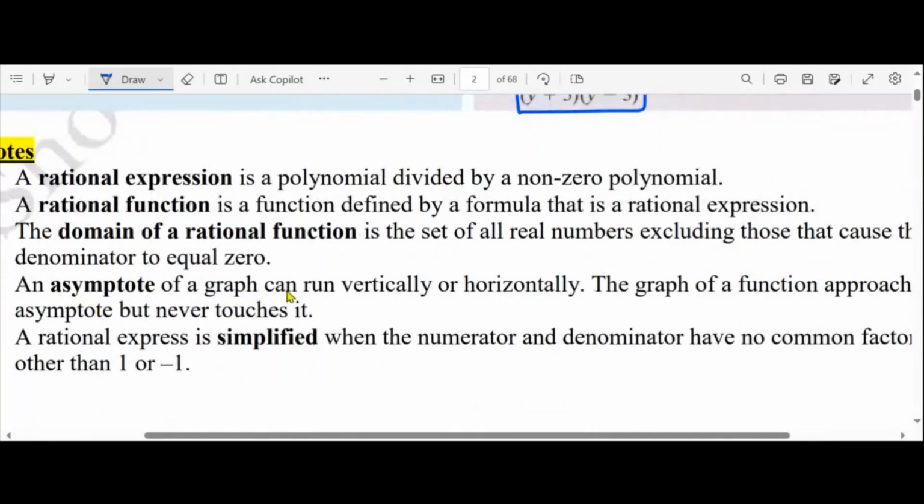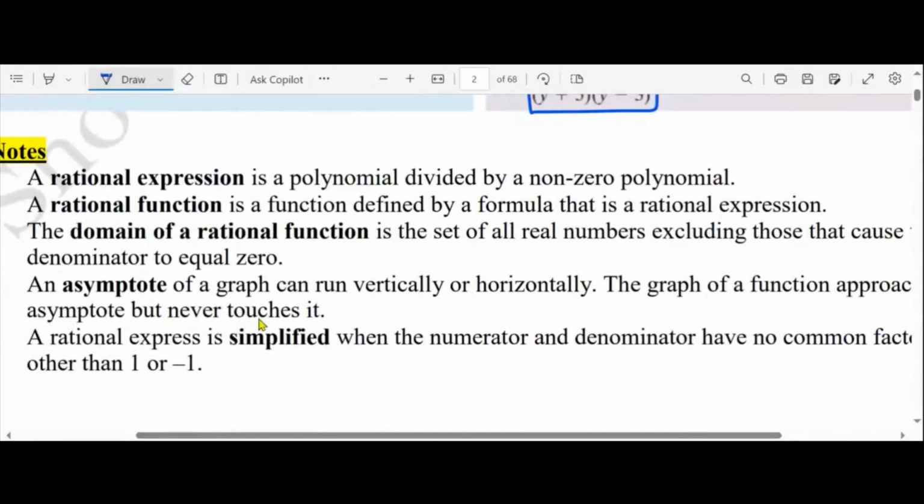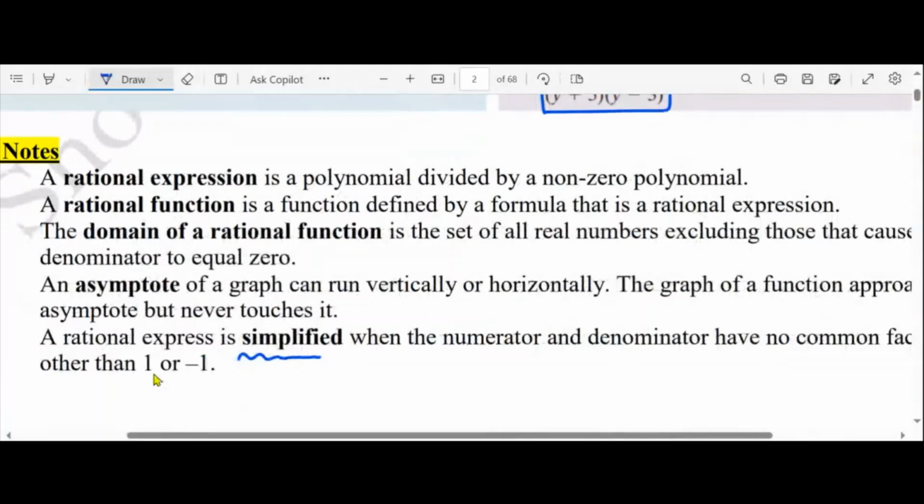An asymptote of a graph can run vertically or horizontally. The graph of a function approaches an asymptote but never touches it. A rational expression is simplified when the numerator and denominator have no common factors other than 1 or -1.